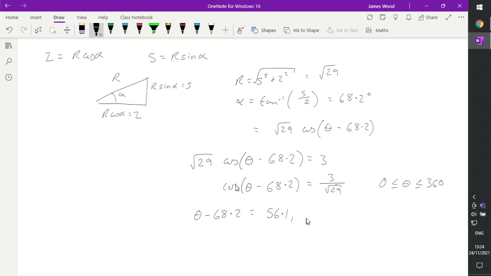To find the next solution, I'm going to do 360 minus that, which is 303.9. Now normally I would stop there for between 0 and 360, but because I know that my next step is going to be to add on 68.2, it's worth finding some other solutions. So I could also have these two plus or minus 360. So if I subtract 360 from these, I get minus 56.1 and obviously minus 303.9.